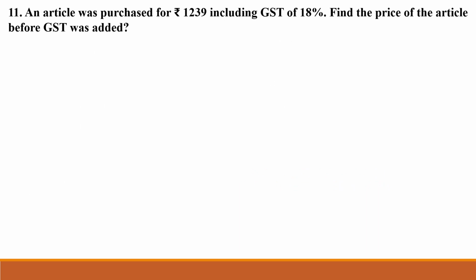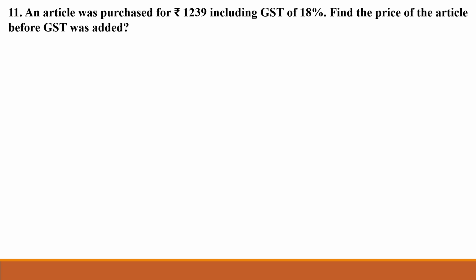So the next question is, an article was purchased for rupees 1,239 including GST of 18%. Find the price of the article before GST was added. GST is goods and service tax. It is again added to the cost price of the article.